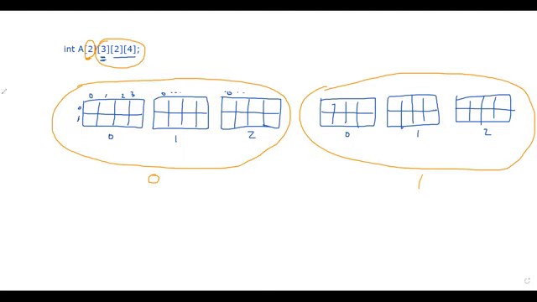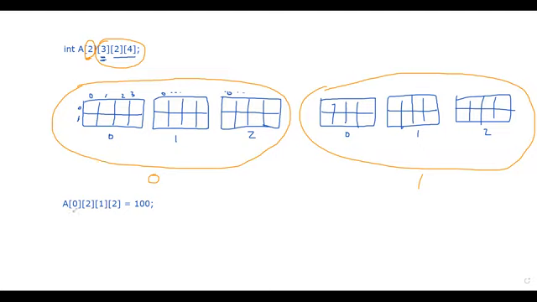So after this, if I want to put data, A[0][2][1][2], I want to put 100 here. But it is very complicated. I just want to show you how we can expand the dimension, how we can do it.